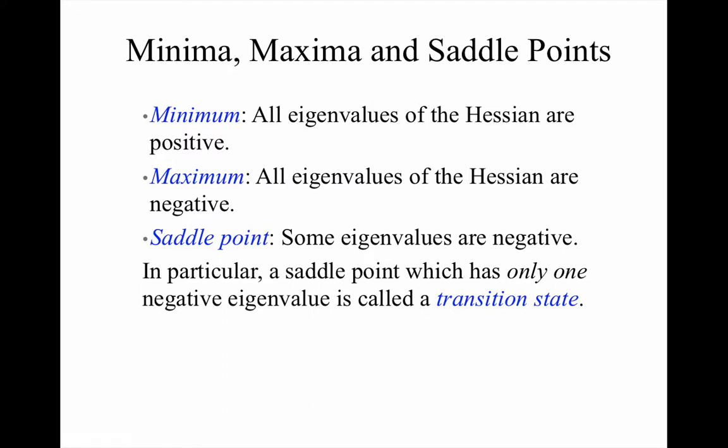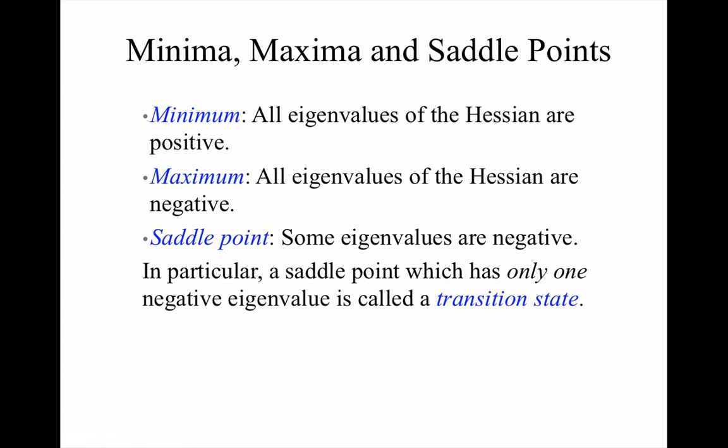In order to characterize the different points on the potential energy surface where the gradient is 0, we need information from the Hessian. And again, we remember that the Hessian is defined as the second derivative of the energy with respect to two geometrical coordinates. So at the minimum on the potential energy surface, all eigenvalues of the Hessian are positive.